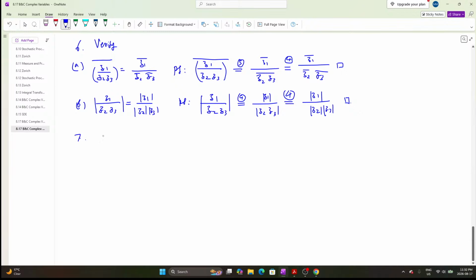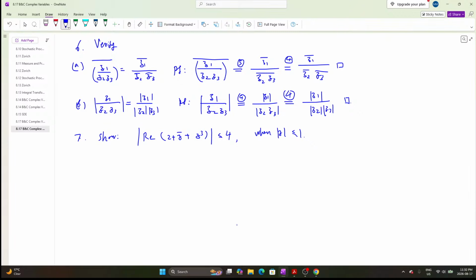Example 7. We want to show the following: the real part of 2 plus z bar plus z to the third, modulus, is less than or equal to 4 when the modulus of z is less than or equal to 1.